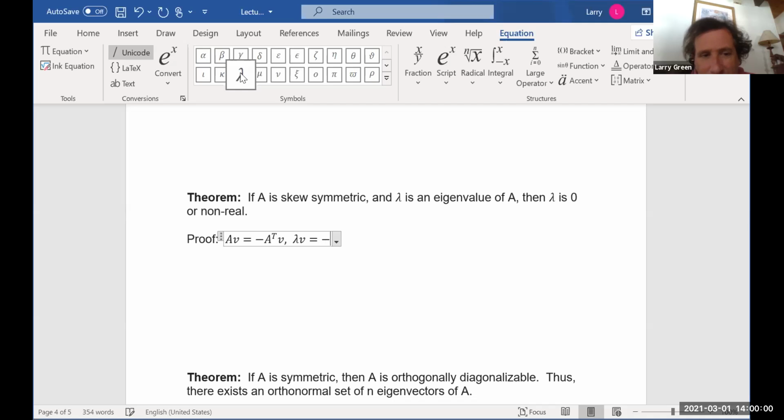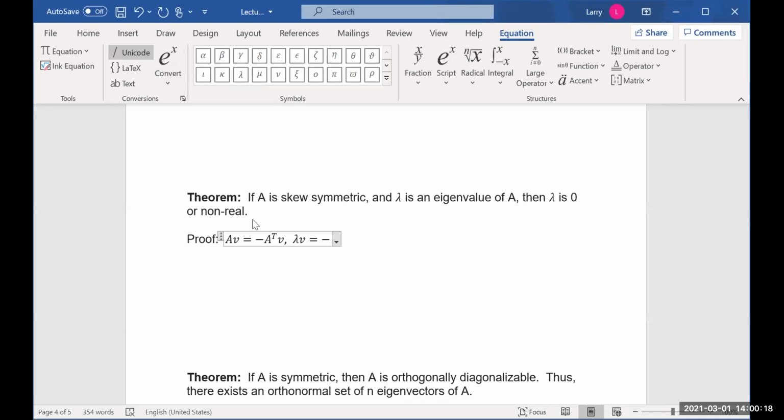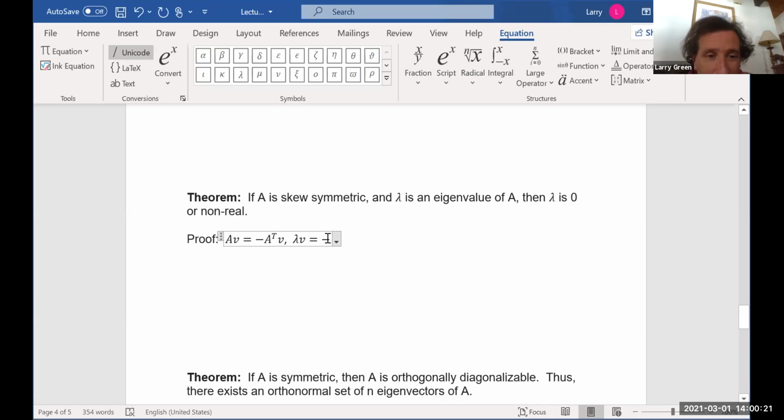That's equal to negative, what's A transpose V? Okay, so then we're going to have to find what's A transpose V. So the question is, can A transpose V be negative lambda V? The answer is no. So this is something that's not negative lambda V.